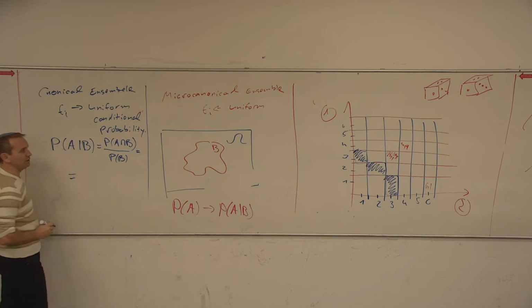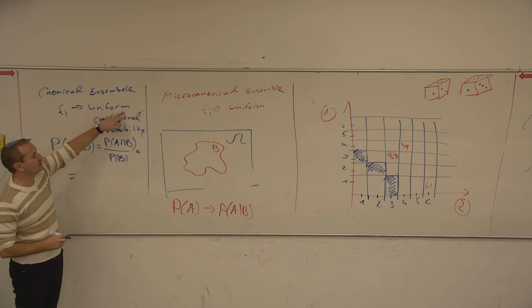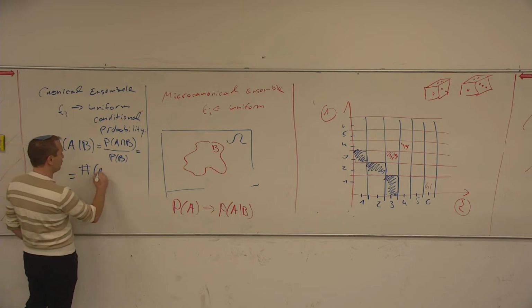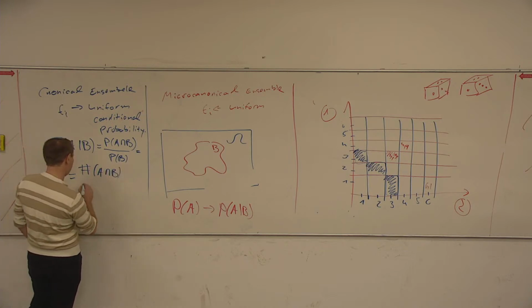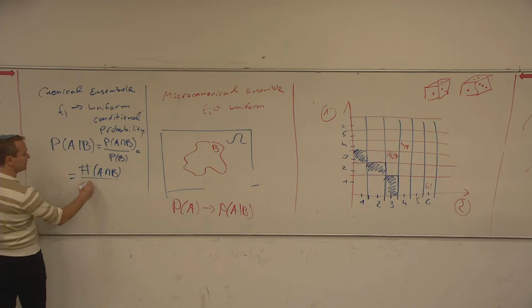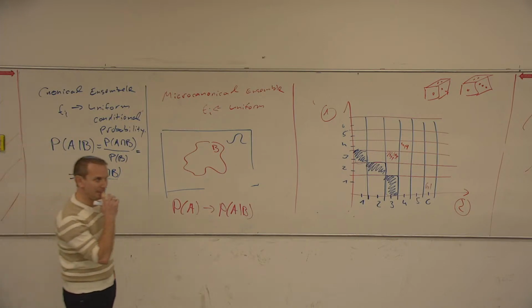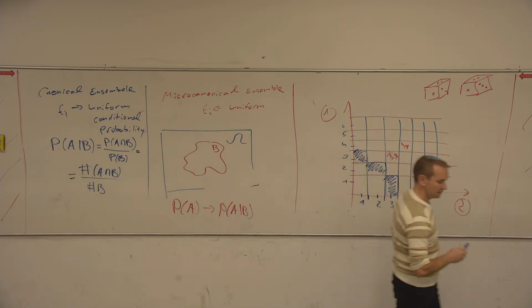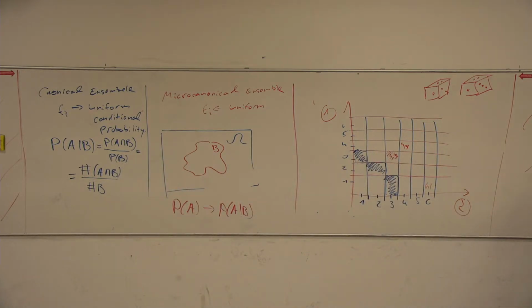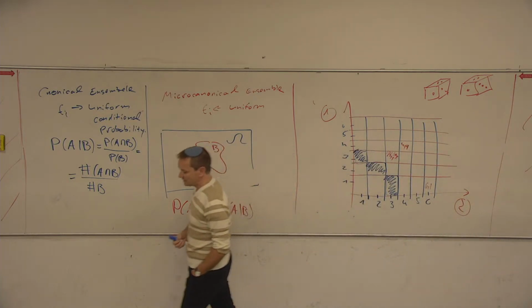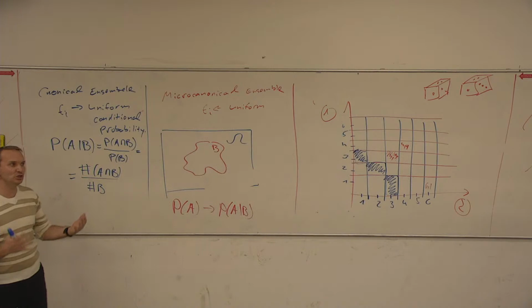And if we are dealing with uniform conditional probability, it's the number of events in the group A cross B divided by the number of events in B. And that's it. So the whole difference between the canonical ensemble and the microcanonical ensemble is that I am conditioning on the outcome.